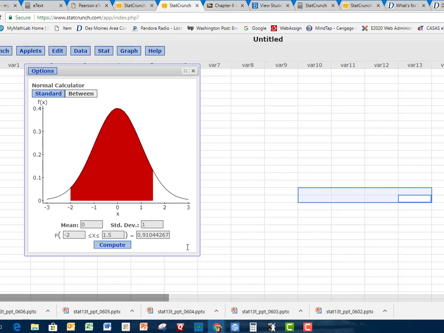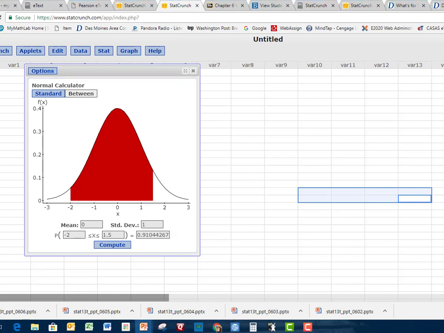What am I going to subtract from what? When you use StatCrunch, it does it for you. But it's the same idea that from here to the left was one value, and we had to take off the little tail that was below the 2 to get to our appropriate area or probability.